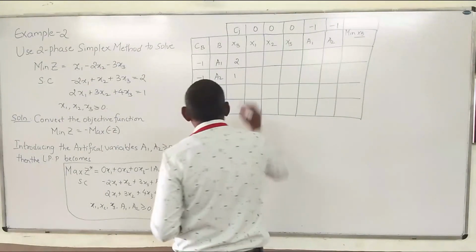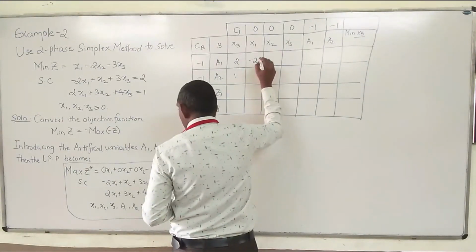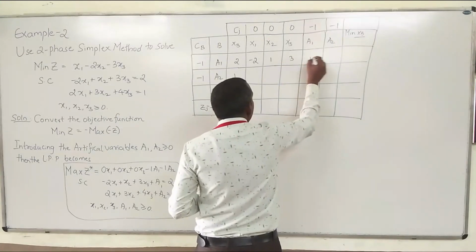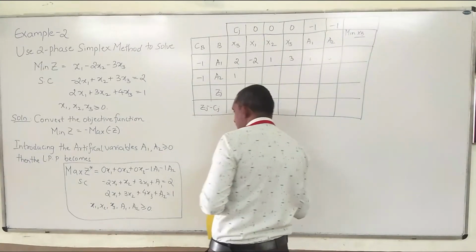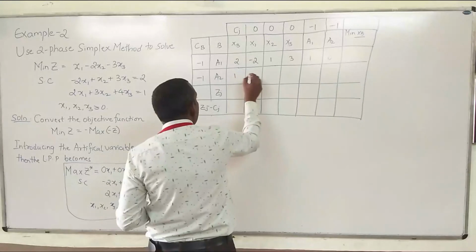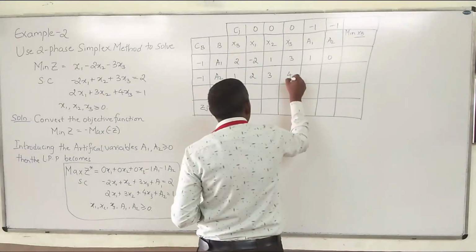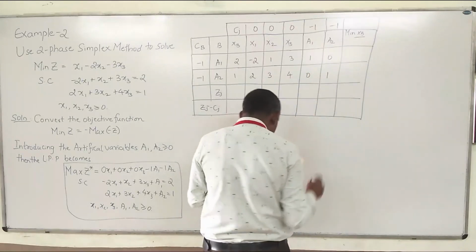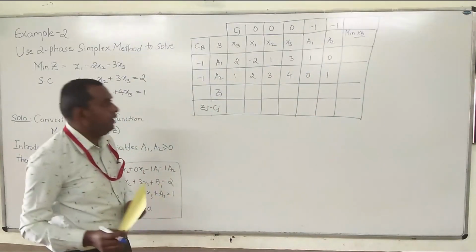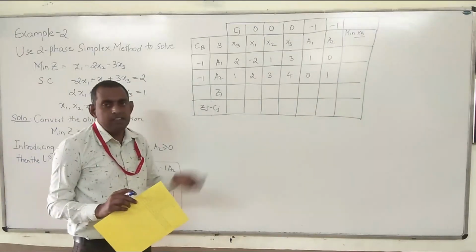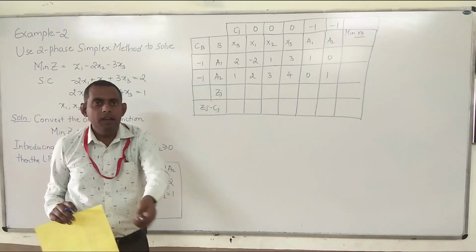The values in the rows are -2, 1, 3, 1, 0, and next 2, 3, 4, 0, 1. So these are the values. The calculation of Zj minus Cj will be explained in the next video.